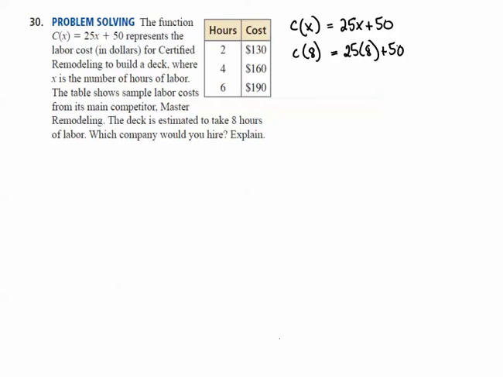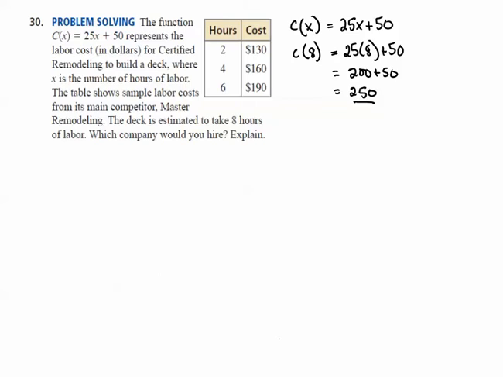And when we do, 25 times 8 is 200. And then plus 50 is going to give us $250. So the first company would charge $250.